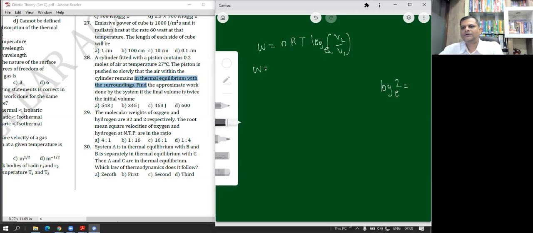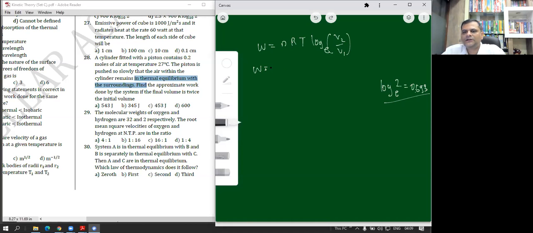Check. याद रखो ये बात ठीक से. 0.693. The value of log of 2 to the base e is going to be 0.693. If you don't know this, then you will have to just convert this log to the base e into the log to the base 10 by multiplying this whole equation by 2.303.